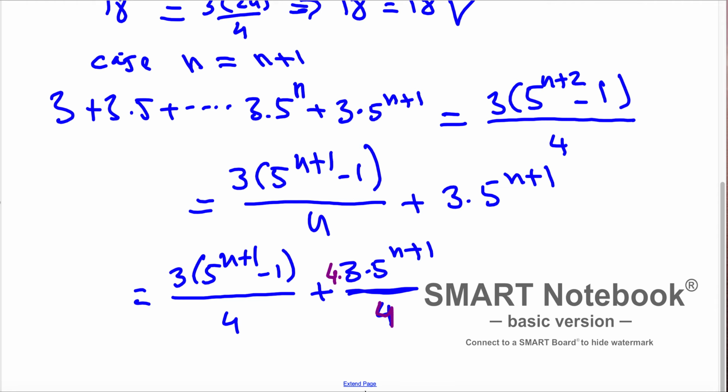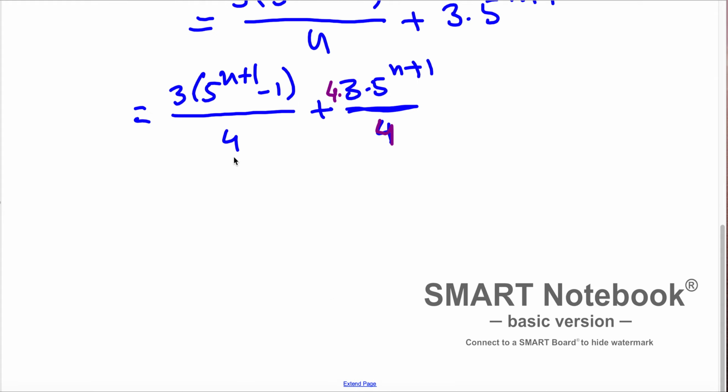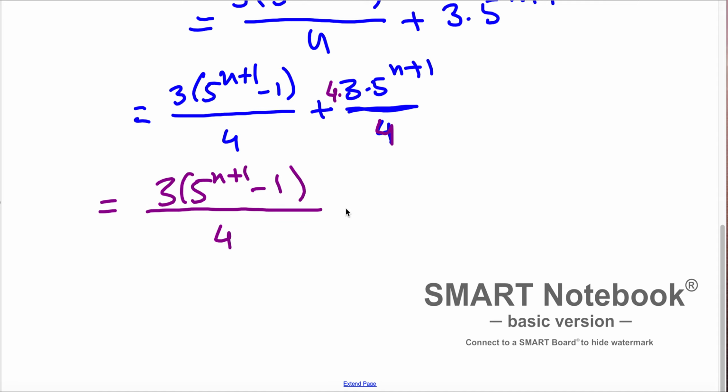Now I'm in this position, so let me extend, and this is going to be equal: 3 times (5^(n+1) - 1), everything divided by 4, plus 12 times 5^(n+1) divided by 4. But this one I am going to distribute, and let's see what's going to happen.